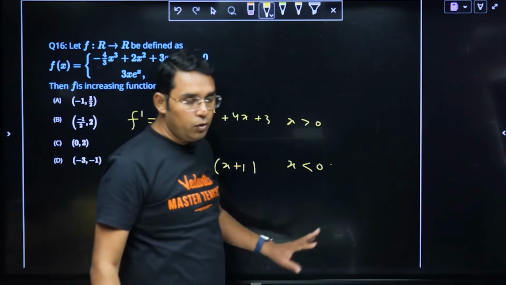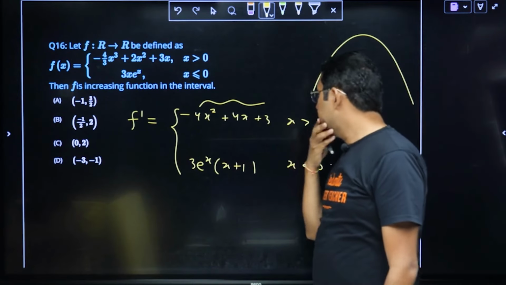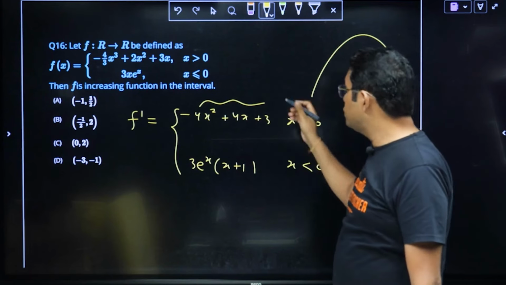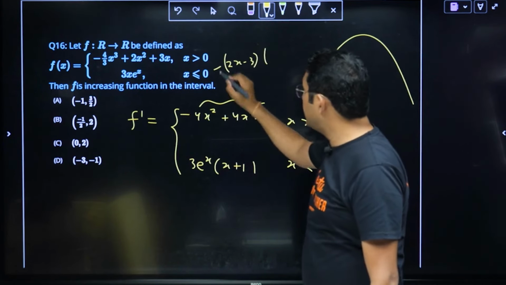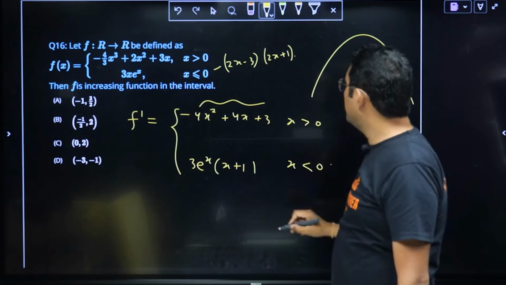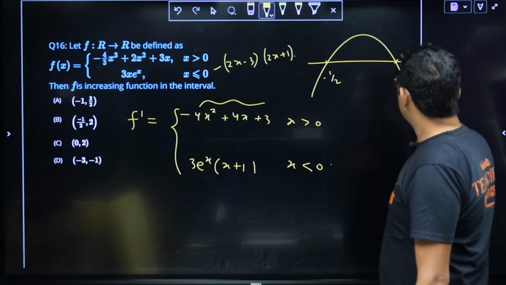Now please see, for x greater than 0, this is a downward parabola. In fact, its roots can also be found, I think, minus 12, so plus 6 minus 2, plus 6 minus 2, so one factor will be 2x minus 3, and the other, taking minus sign outside, will be 2x plus 1 here. So you can see its roots are minus half and 3 by 2.